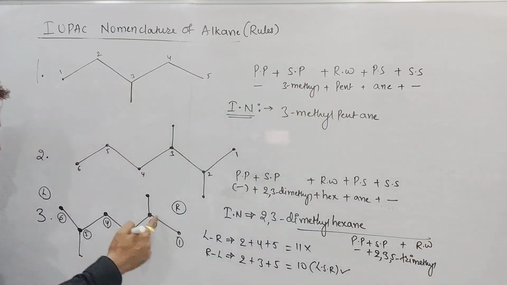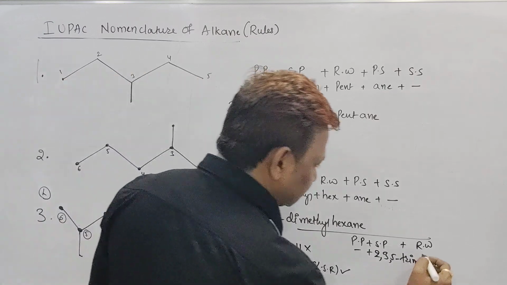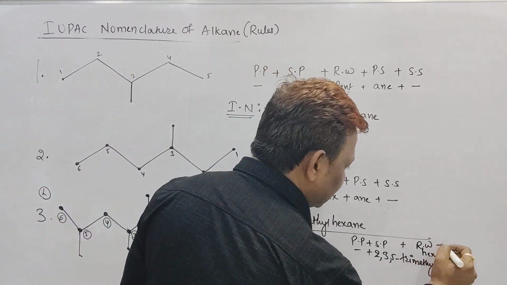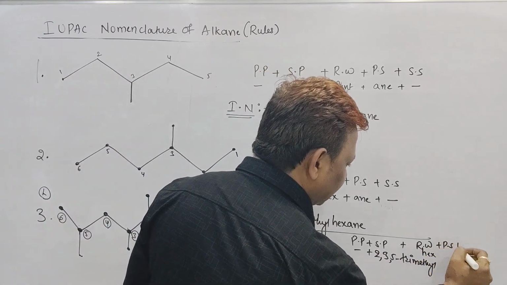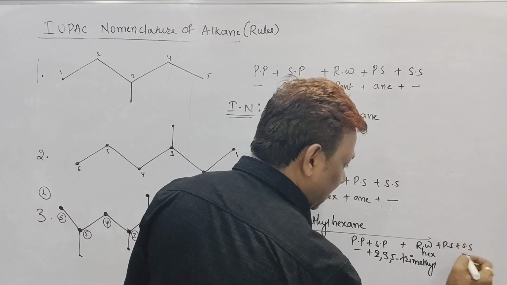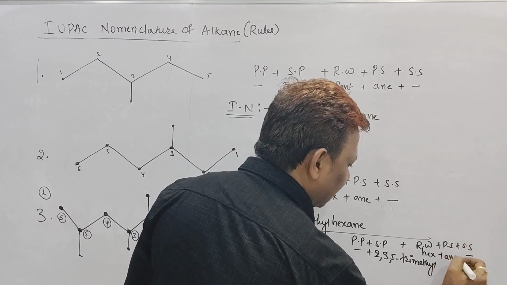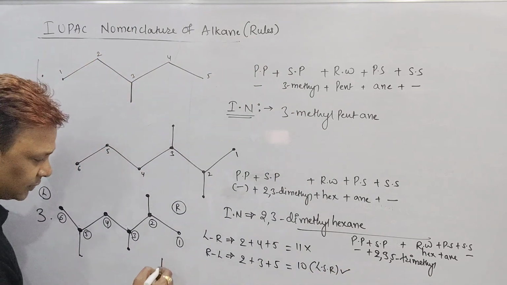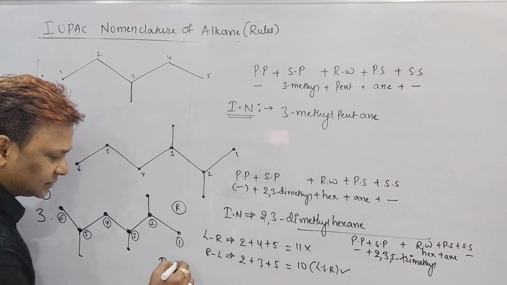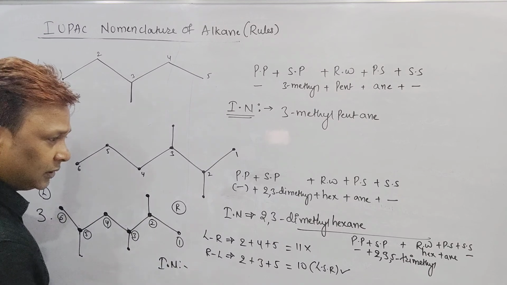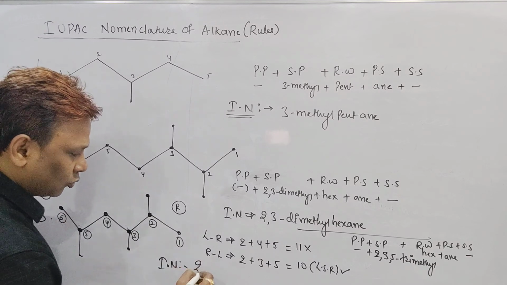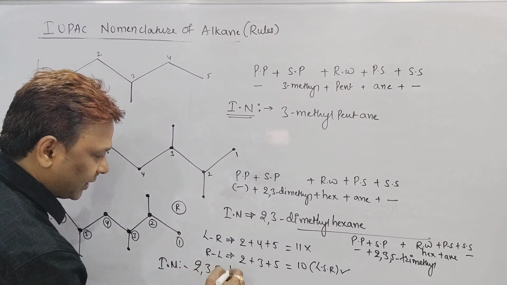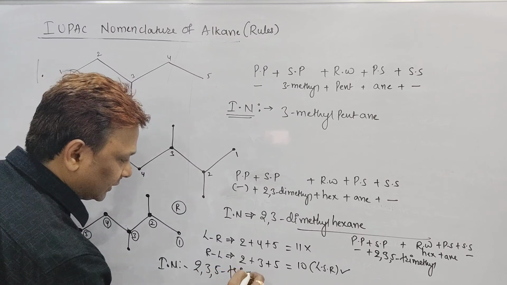Count the number of carbon atoms in the root word, 6. What is that, sir? HEX. Sir, we don't have any primary prefix. Sorry, the primary suffix is ANE, and we don't have a secondary suffix. So, what is the IUPAC name of this compound? Sir, the IUPAC name of this compound can be written as 2, 3, 5 trimethyl.